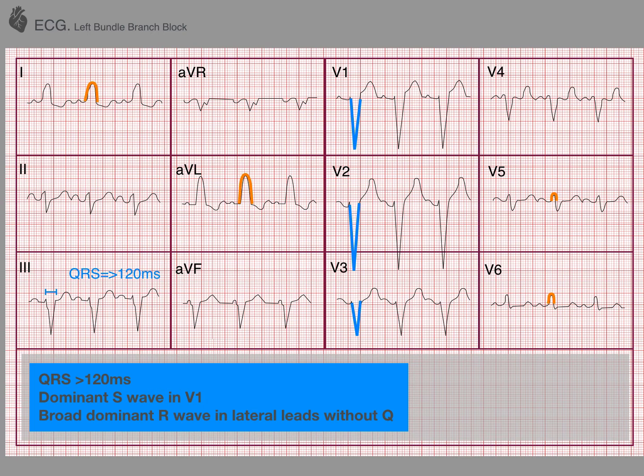Note that this is an S wave because you've got the small upwards deflection and R wave preceding it. You often also find that you have a broad dominant R wave in the lateral leads, so leads V5, V6, 1 and AVL.